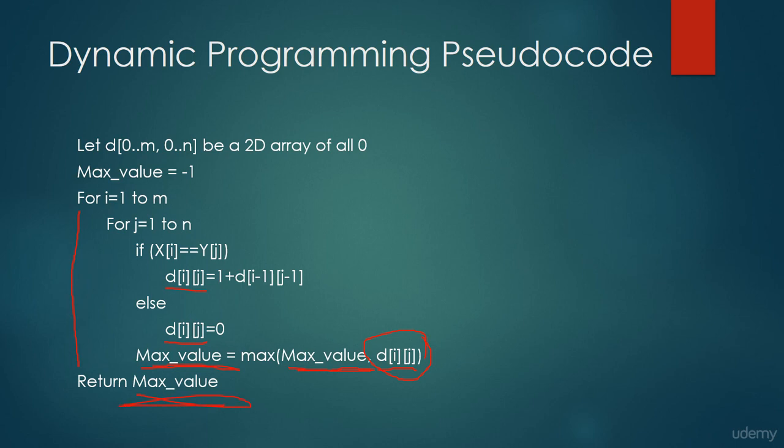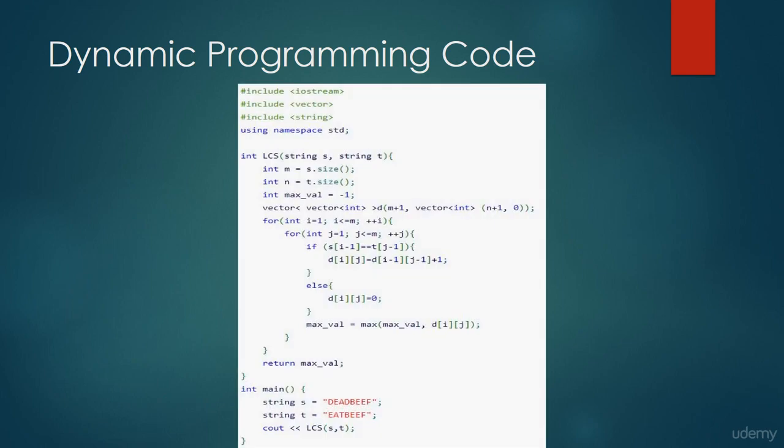So let's look at some C++ code for this problem. We include iostream, vector, and string, using namespace std, and we define a function LCS, longest common substring, that takes two arguments, string s and string t. We define m as the size of s, n as the size of t, then max value equal to -1. It's basically the same. We define a new two-dimensional array d, m plus 1 by n plus 1, and all the values are 0.